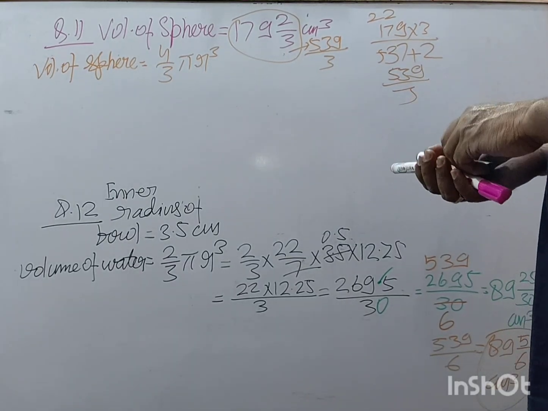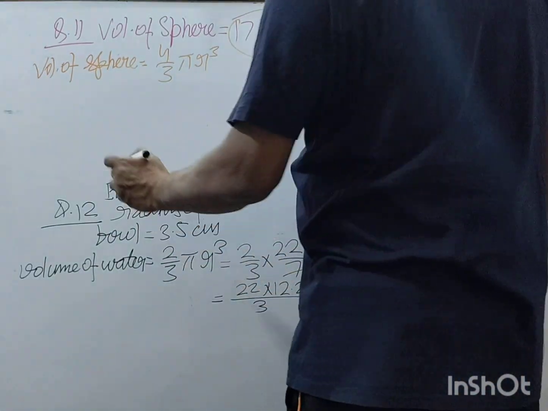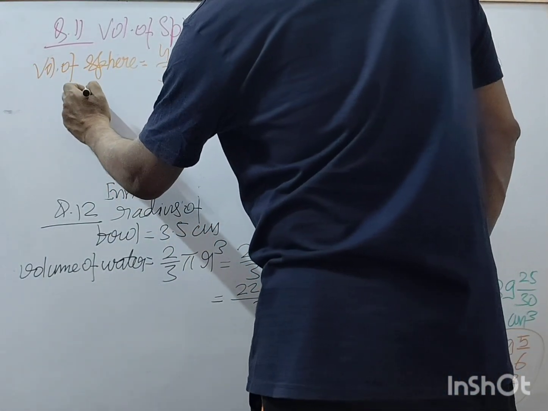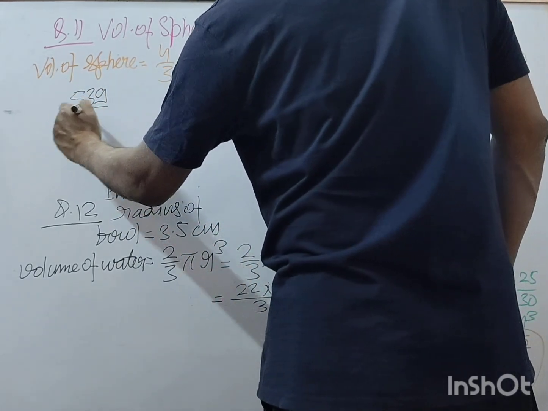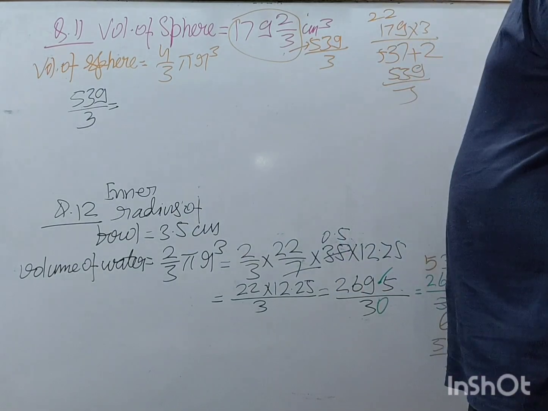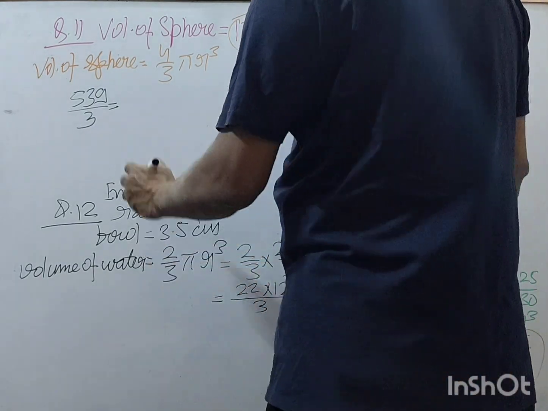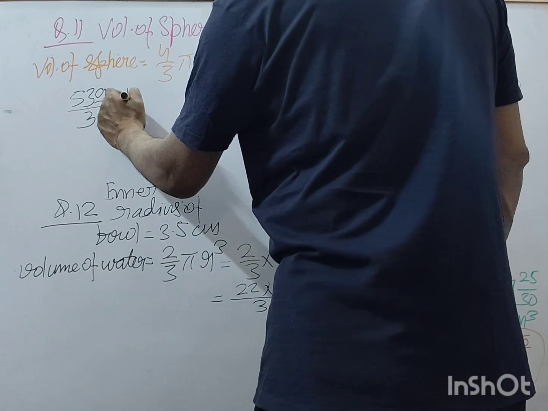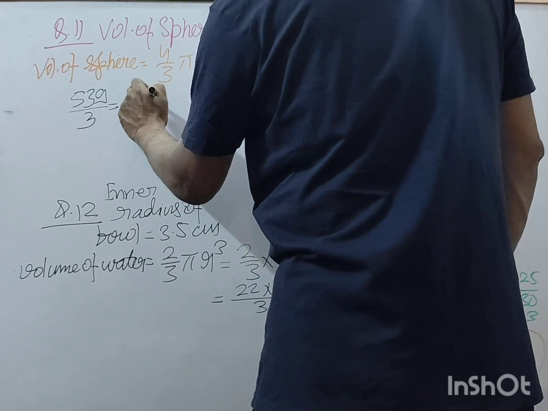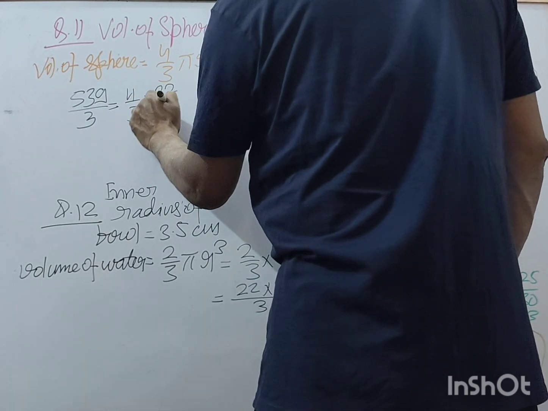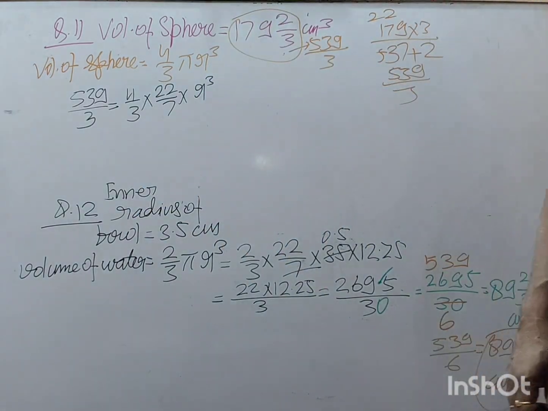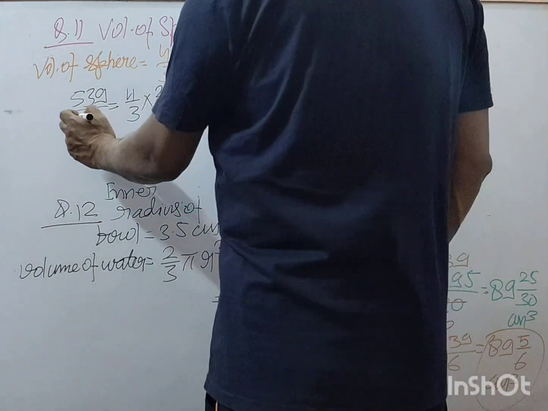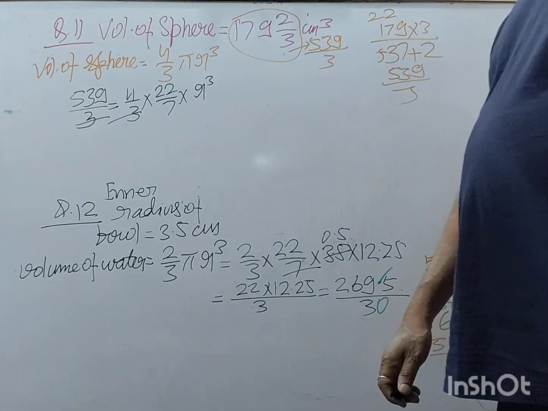Now what you can do? You can write 539 by 3 is equal to 4/3 into 22/7 into r cube, right? This 3 and 3 is gone, right?